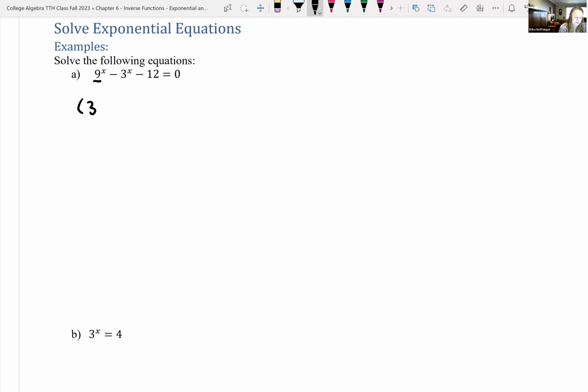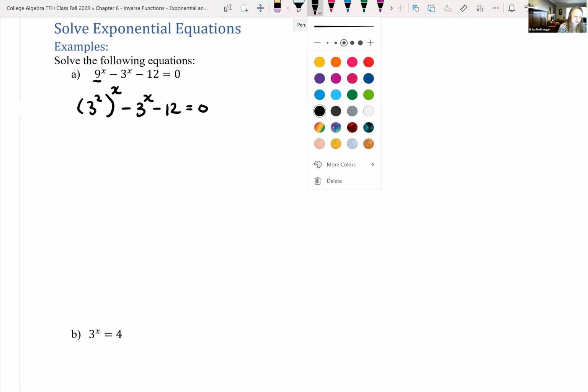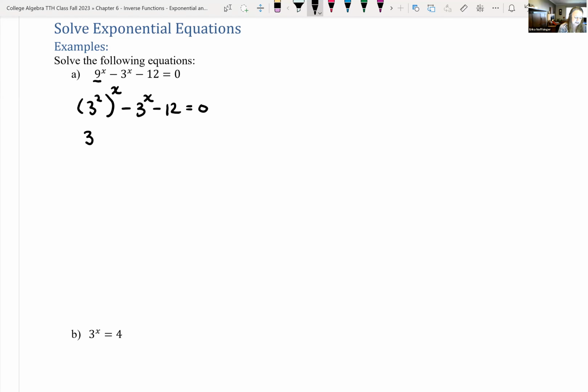This is 3 squared raised to the x power, minus 3 raised to the x power, minus 12 equals 0. So recall power to power, we multiply our exponents. So this is 3 raised to the 2x minus 3 raised to the x minus 12 equals 0.